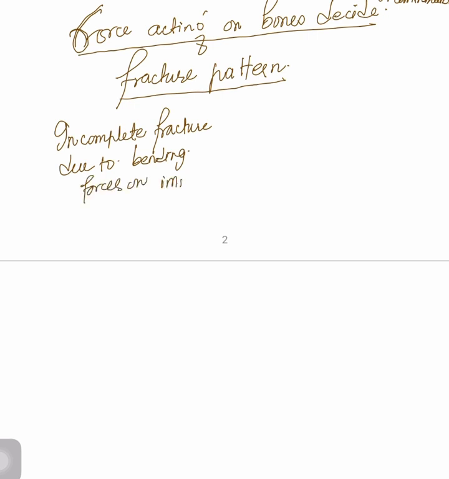We have probably already heard about them in the literature, and they are named greenstick fracture, plastic deformation, buckle fracture, or torus fracture.